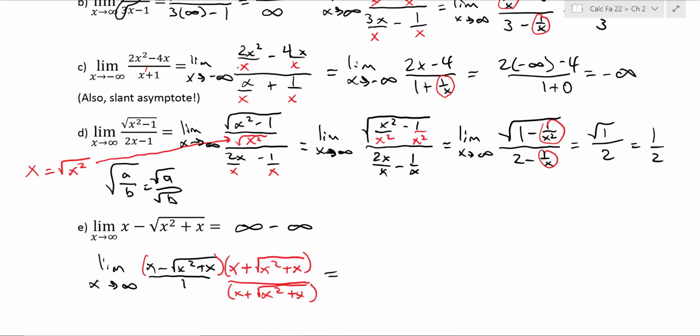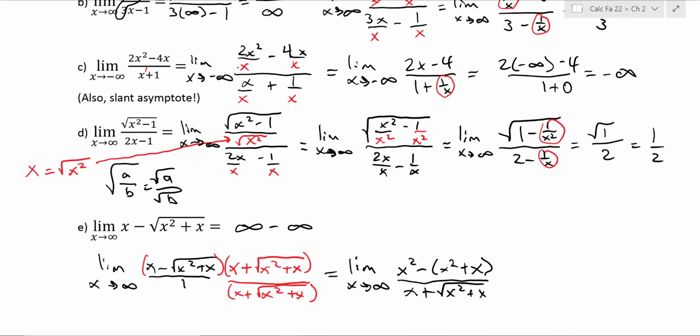And by what we know about conjugates, that's going to make my numerator x squared minus the quantity x squared plus x, right? That value that comes out underneath the radicand when we square it. And then in my denominator, I've just got a 1 times, so the whole x plus the square root of x squared plus x stays there.